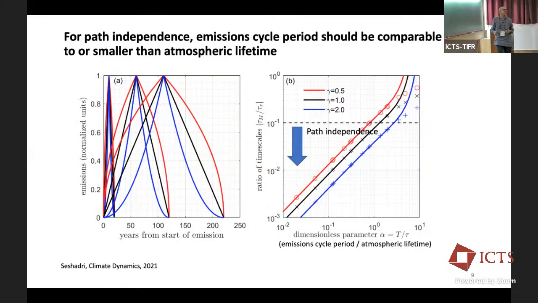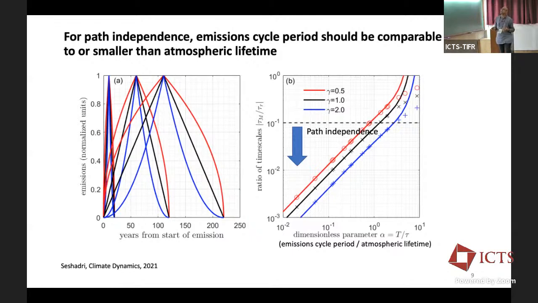And tau is the atmospheric lifetime. And so in order for this to be 1/10 or smaller, roughly T over tau has to be less than or equal to 1. Right? So the emission cycle has to play out over a time period that is comparable to or smaller than, not much smaller than, but comparable to or smaller than the atmospheric lifetime.